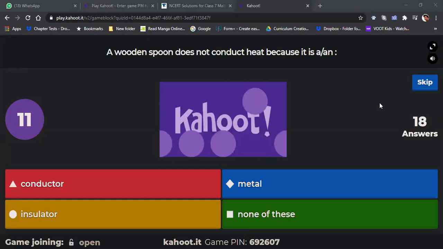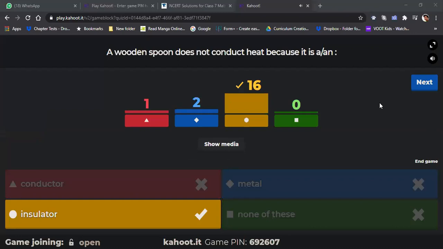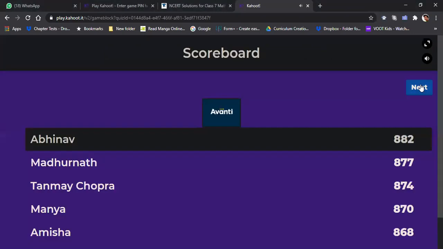Quick, quick. 18 answers till now. Okay. So 16 students have given the correct answer. Very good. Wood is an insulator. Let's see the scoreboard. Abhinav, first position. Okay, Ragini, no issues. Try for the next.